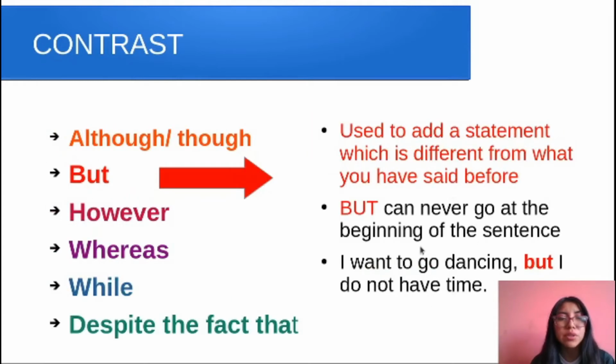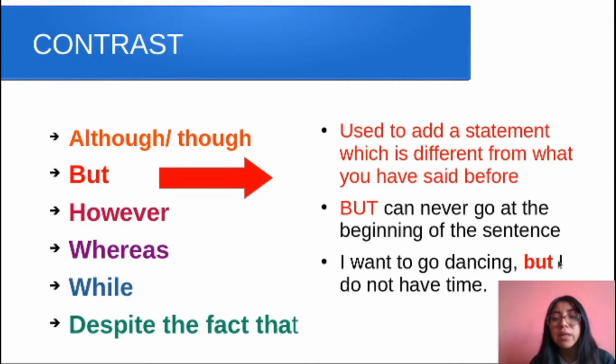We are going to continue with but. That is a common word. When do you use it? You have to use it to add a statement which is different from what you said before. But can never go at the beginning of the sentence. It means we are going to use but in the middle. I want to go dancing, but I don't have any time.